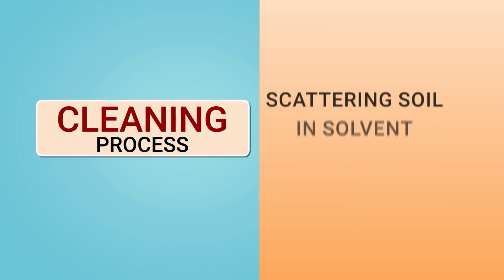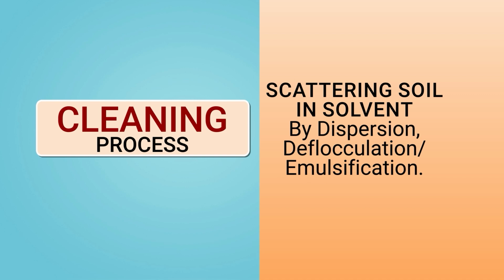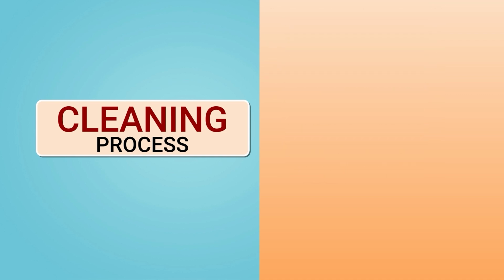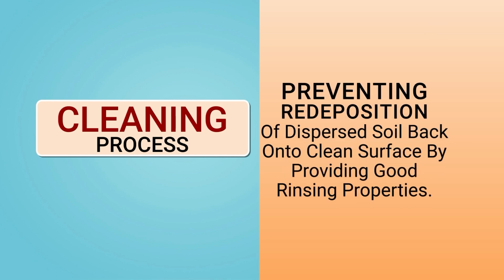And then scattering soil and solvent by dispersion, deflocculation, emulsification. And last is preventing redeposition of dispersed soil back onto the clean surface by good resisting properties. Now, this is applicable to anything, even washing your clothes or utensils at home, or equipment in the dairy plant.